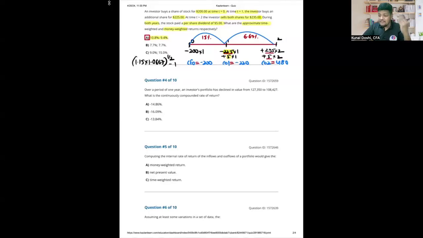What is your income? 5. 225 plus 5 divided by beginning, 200, minus 1. Don't look at the sign. Don't look at how many stocks. Think of HPR. Are you with me? Did you get the answer?